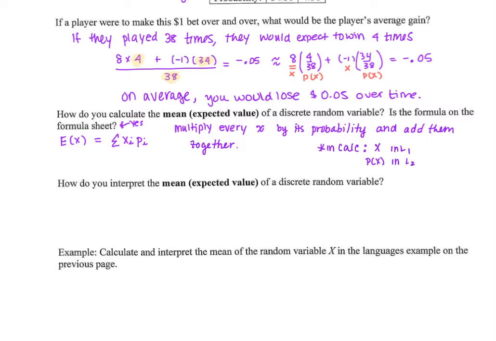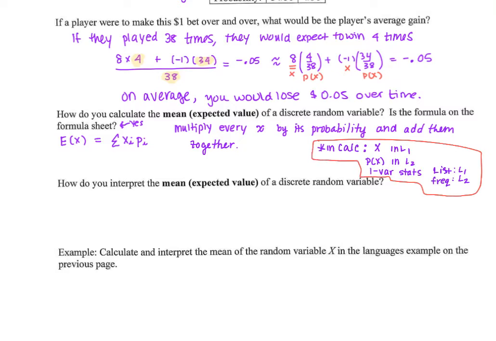Then you're going to go to one variable stats, and the list is going to be L1 and the frequency is going to be L2. And you can find the mean and the standard deviation from that list. So we'll practice doing this in the calculator in class.